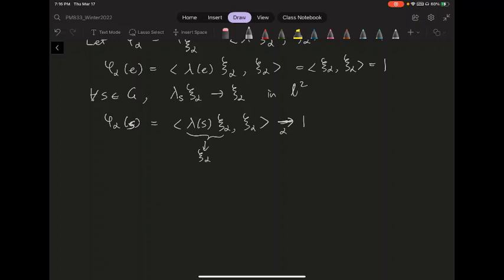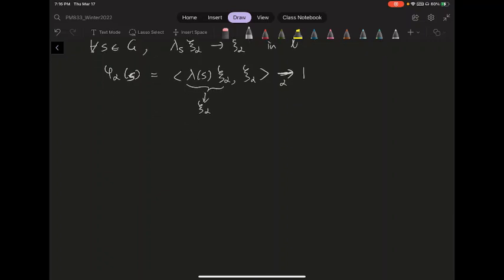And finally, if you want to see whether this is finite support, you just think about phi alpha of S. Basically, that equals the lambda S psi alpha with psi alpha. But this is really the inner product in the L2 space.